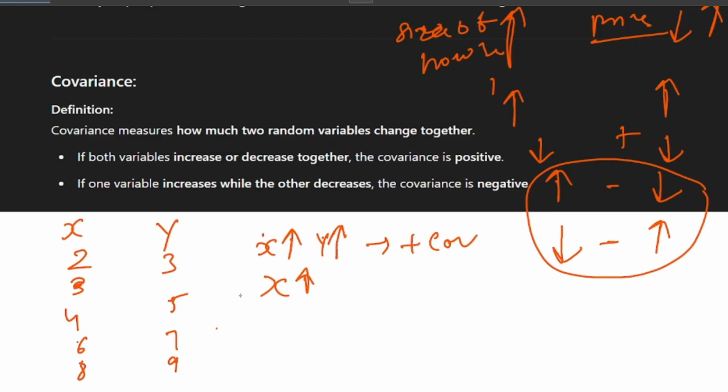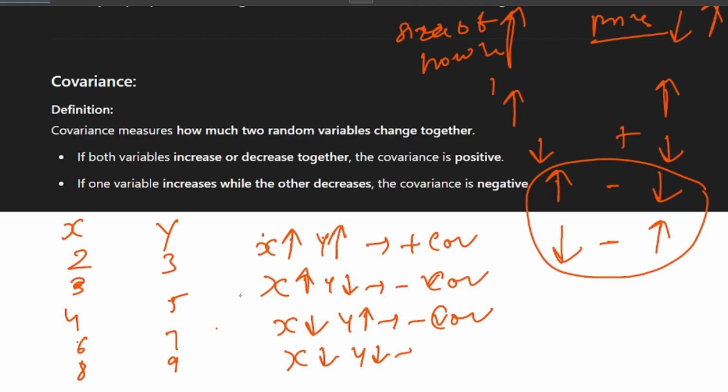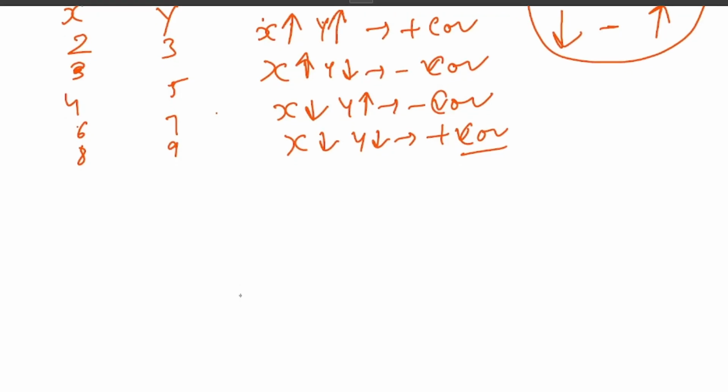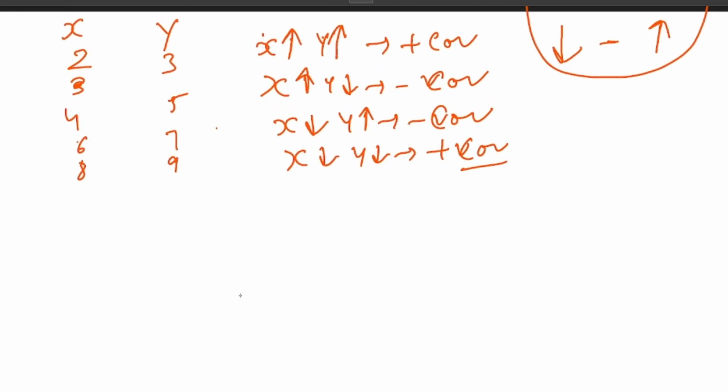If x is increasing and y is decreasing, then this is negative covariance. If x is decreasing and y is increasing, then it is negative covariance. If x is decreasing and y is also decreasing, then this is positive covariance. Understood? Like this we can see whether the relation between two variables is positive or negative.